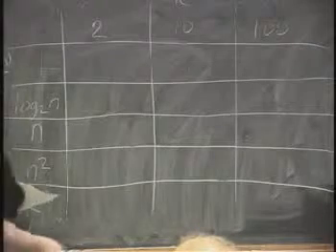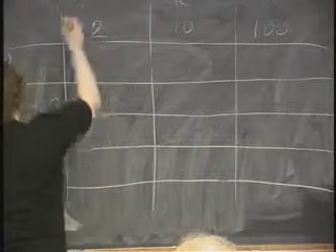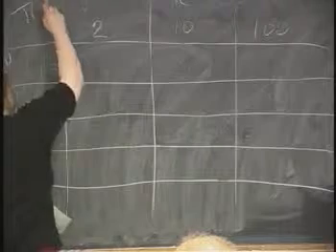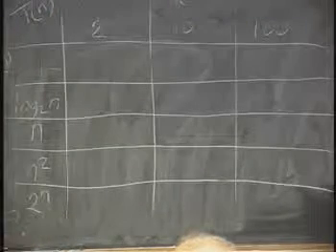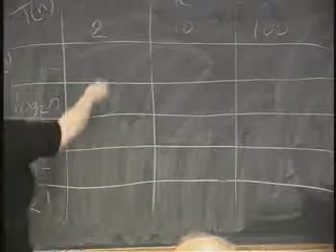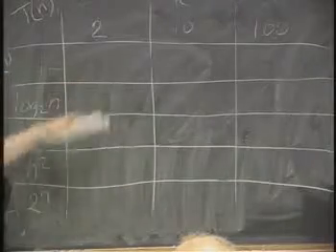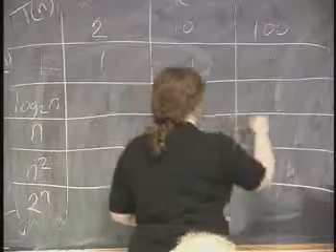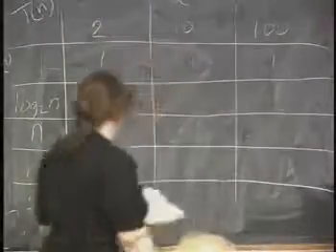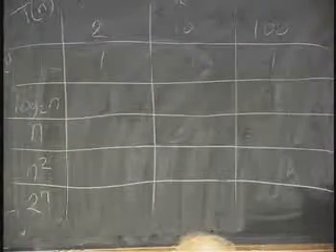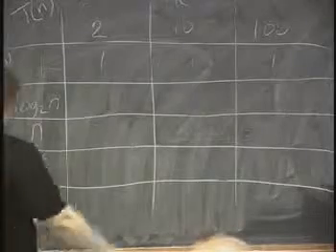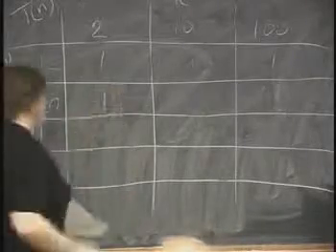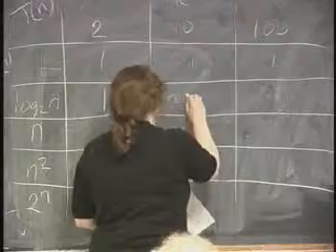Okay, so if it's constant, this is going to be T of n. Could be space too, it doesn't really matter. But how many steps for constant if we've got n of 2? 10? 100? Good. Okay, log base 2 of n. Okay, these two, not so neat.